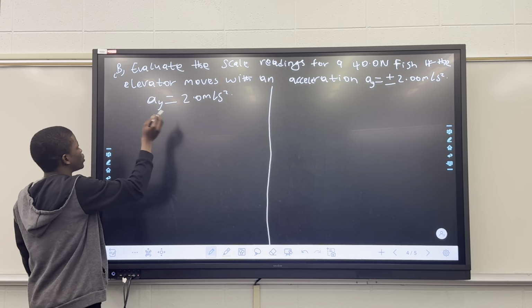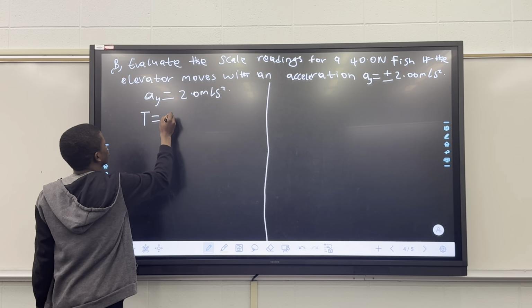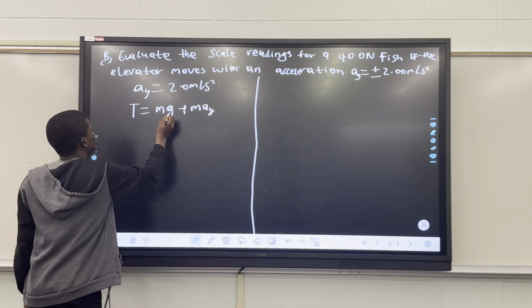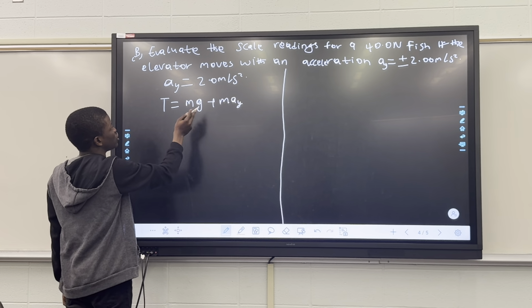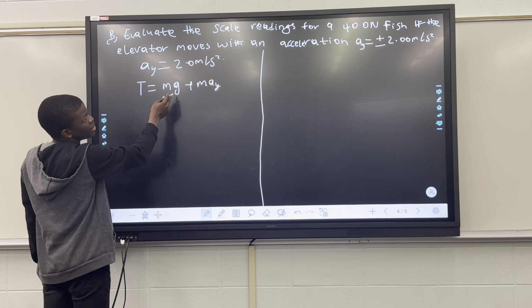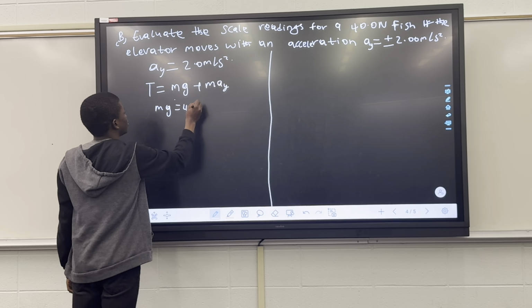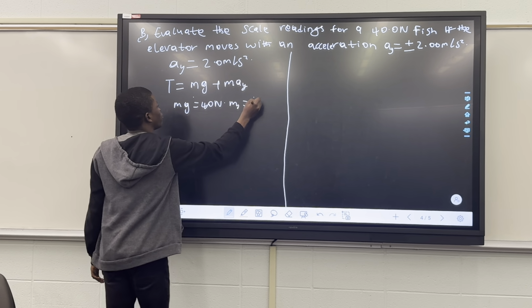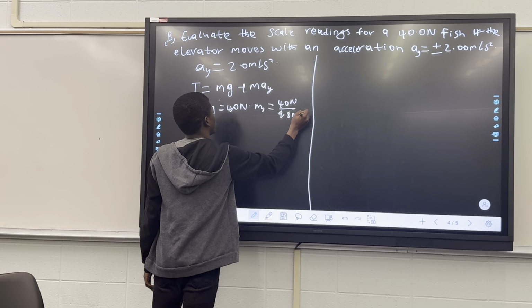From the formula we got before, the reading will be T equals mg plus may. Now g is acceleration due to gravity and m is the mass of the fish. They didn't give the mass, so we are going to get the mass now as mg equals 14 Newton, and m will be 14 Newton over 9.8 meters per second squared.